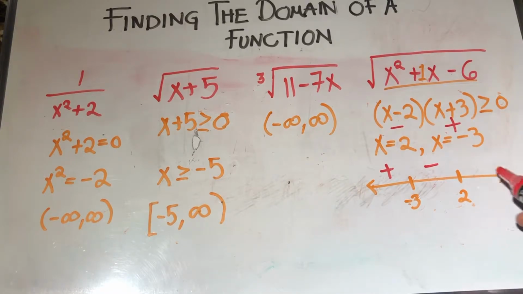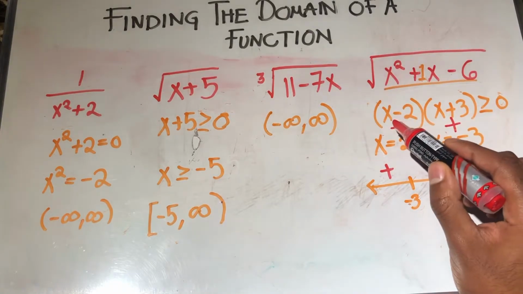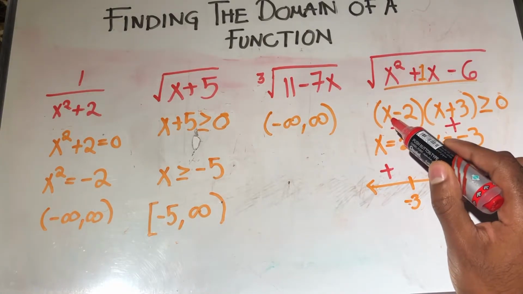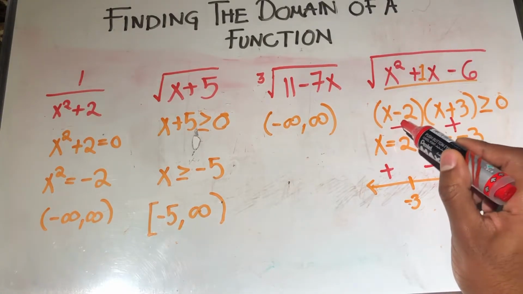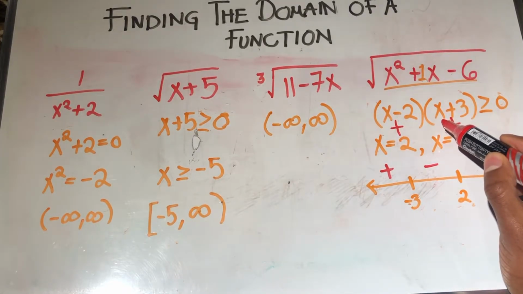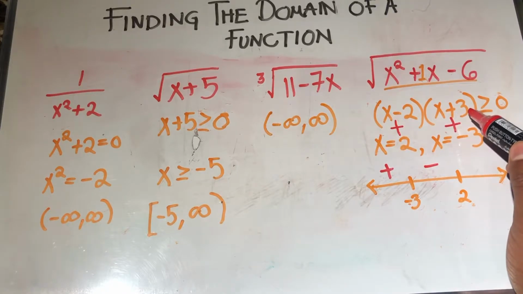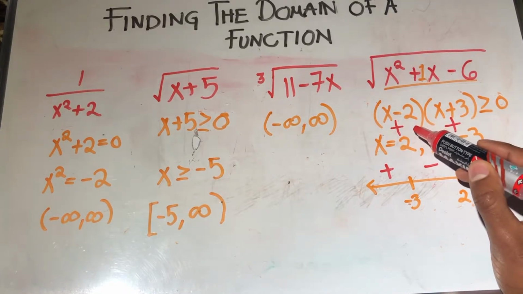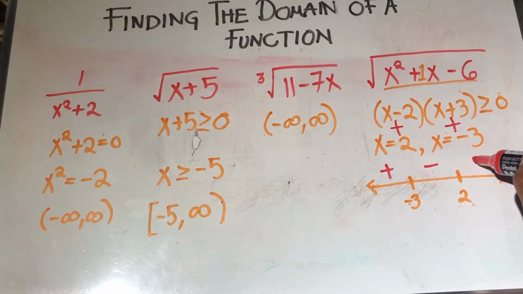Now choosing any number greater than 2, let's say 3, we get 3 minus 2, which is positive, and 3 plus 3, which is 6, still positive. And positive times positive is still going to give me positive.